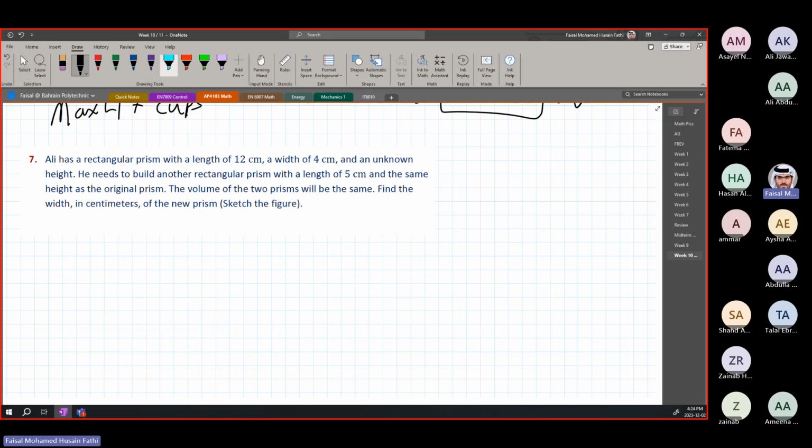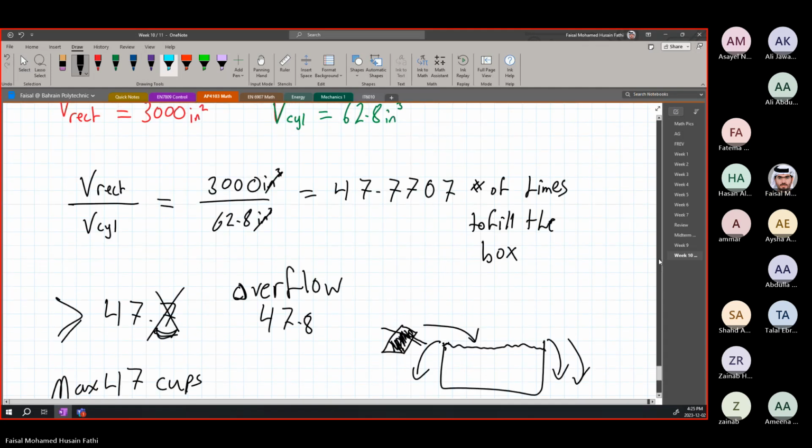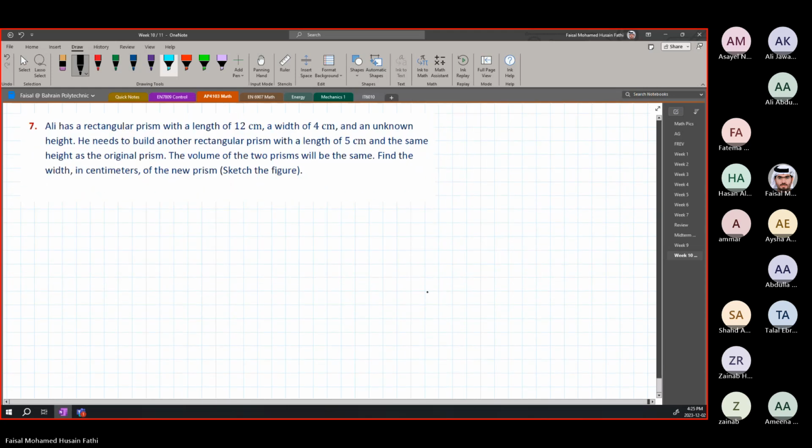Again, to solve questions like these, step by step. Ali has a rectangular prism with a length of 12 centimeters. So what does he have? A rectangular prism. Done. We draw a rectangular prism.